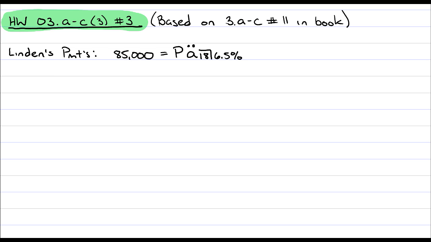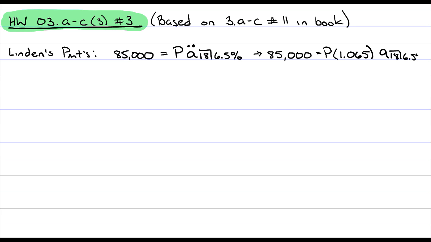So that tells us that I have an annuity due, and I would rather not work with an annuity due if I can avoid it. So I'm going to convert it to an annuity immediate by pulling out a 1.065. That leaves me with A, 18, 6.5%.